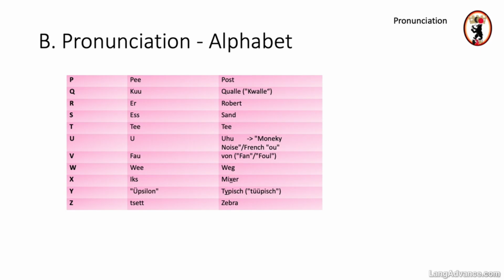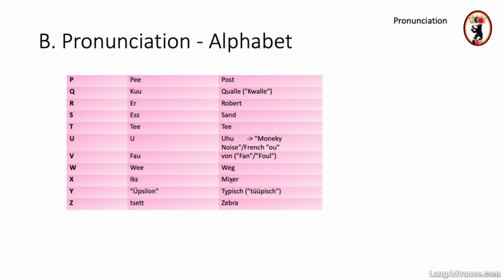So if that's easier for you, you can just roll the R instead. S, Sand, sand. T, tea. U, uhu. And I like to call this one the monkey noise, because that's the noise a monkey makes. Think Curious George. Or if you speak French, it's the OU sound. V, von, and it's the sound of fan or foul, so an F, from or off.